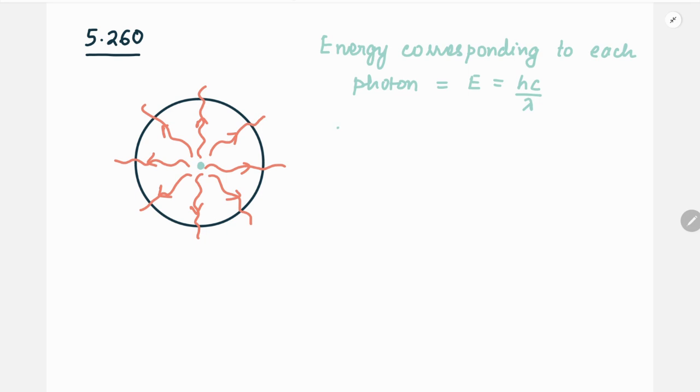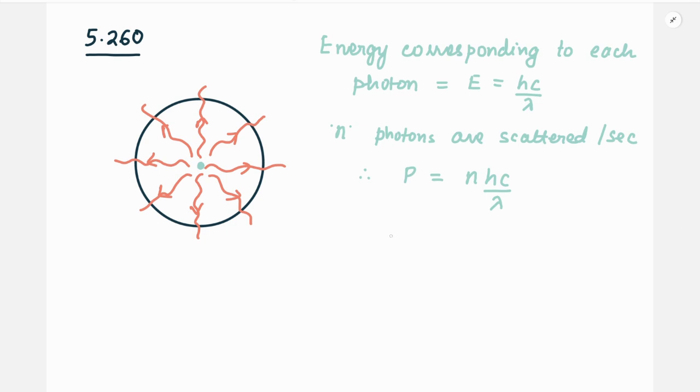Now if n photons are scattered per second, then we can say that the power emitted is equal to n times hc by lambda, where n is the number of photons scattered per unit time.